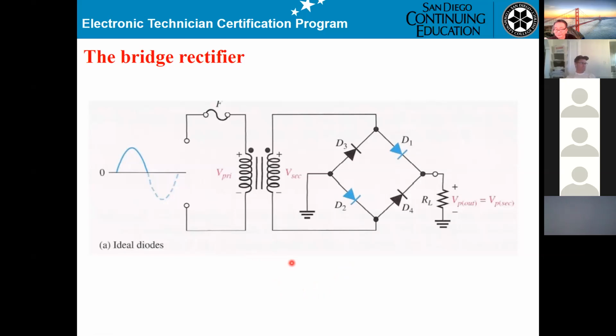That's a bridge rectifier, right? Yes. Okay, so I'll try to stop there and show you a few things. I think that will be a good benefit for your students.